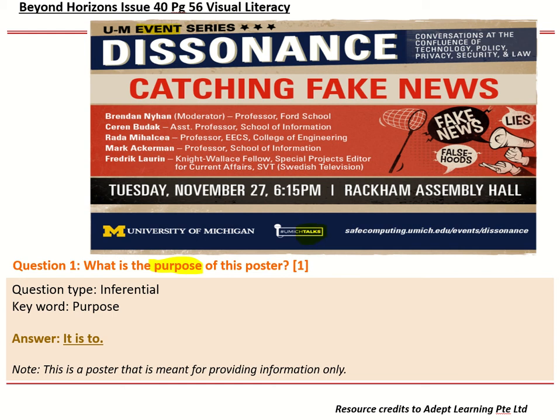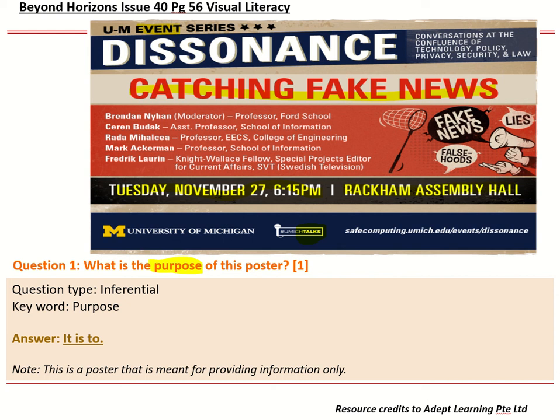And what is this talk about? Dissonance, conversation and confluence of technology, policy, privacy, security, and law. So it's about catching fake news. And this tells me that there's this talk happening on this day and at this place.